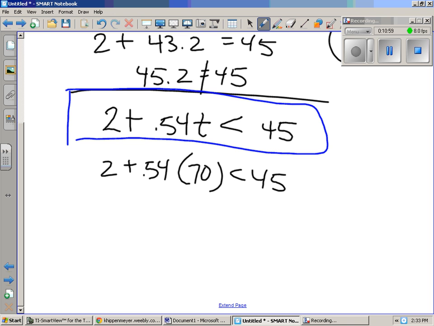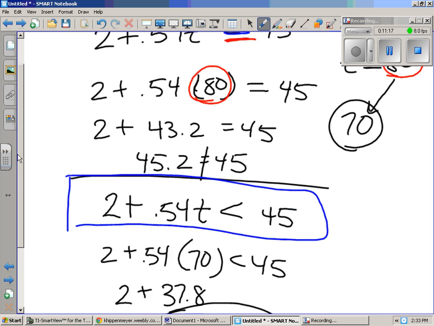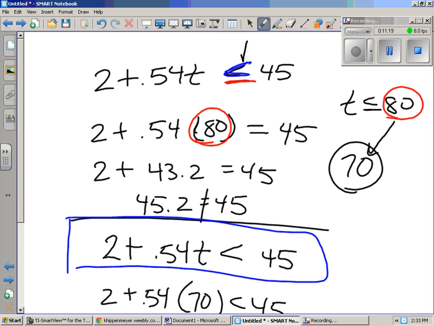And I take the 0.54 times the 70, and I get 37.8. And you can see that 39.8 is less than 45. So that less than or equal to was the correct direction for the inequality.